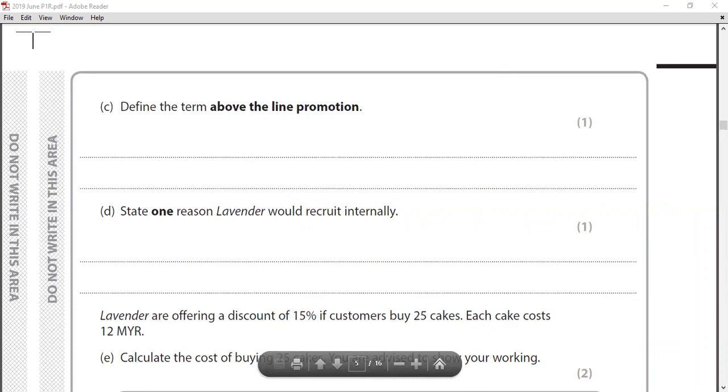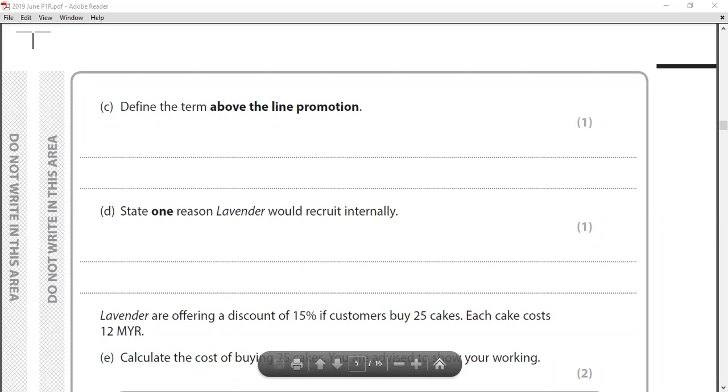Very good. Yeah, correct answers are coming from students. Promotion that implements use of mass media. You can't just say it's social media only because there are other methods that can be used like television, radio, newspapers also. So don't narrow down your answer into only social media. Replace the word social with mass media.